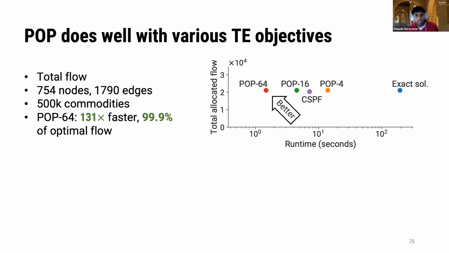POP also does well for various traffic engineering objectives. Again, the graph here is with a logarithmic scale on the x-axis. For the total flow objective on a topology with 754 nodes and 1790 edges and 500,000 commodities, we see that POP with 64 subproblems is up to 131x faster than the original formulation, while returning 99.9% of the total optimal flow.